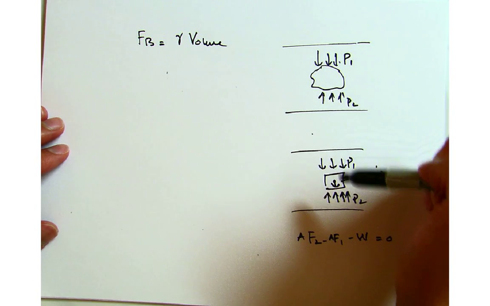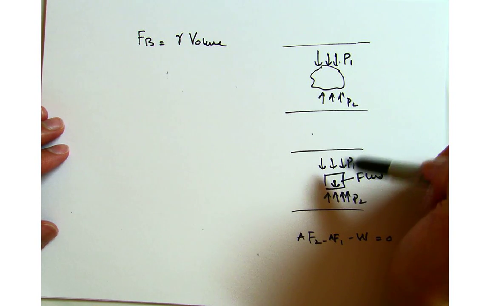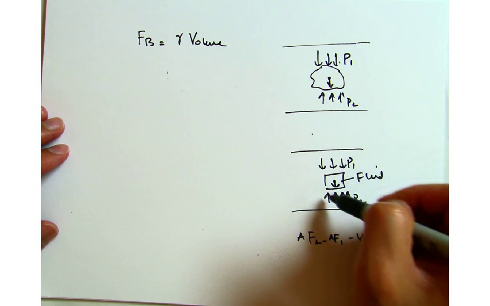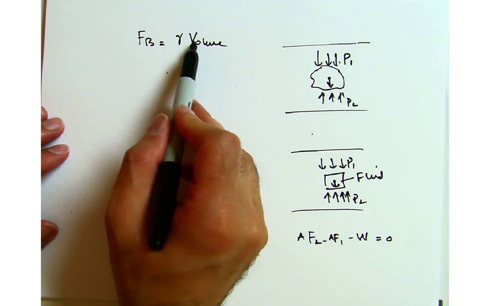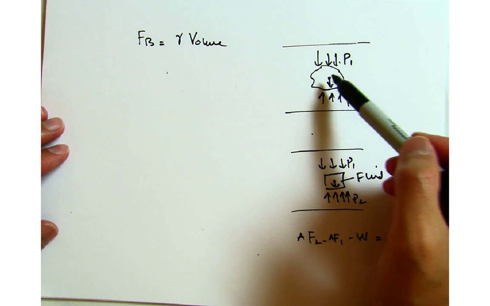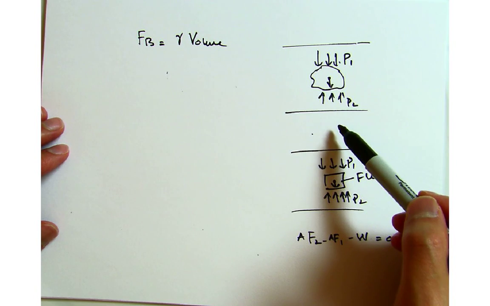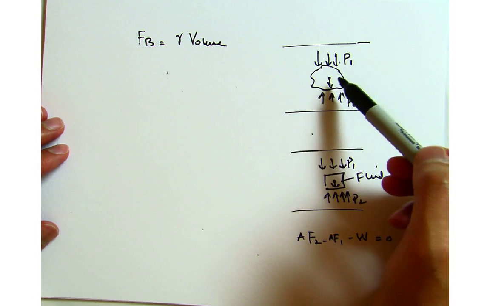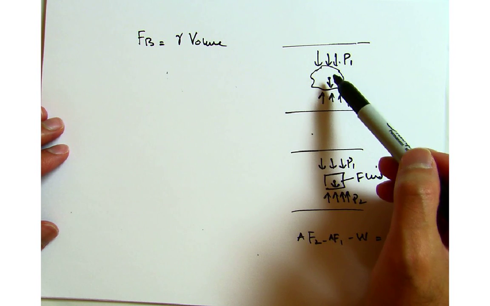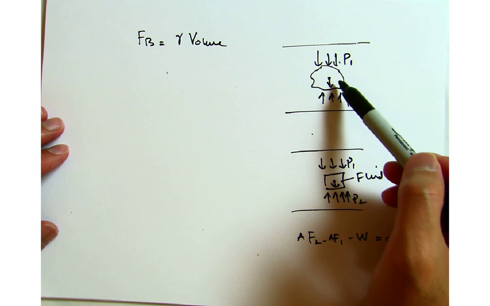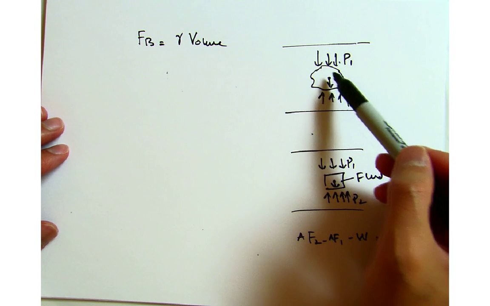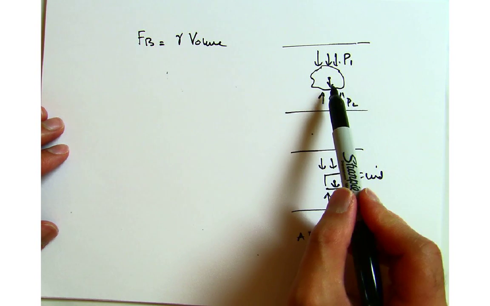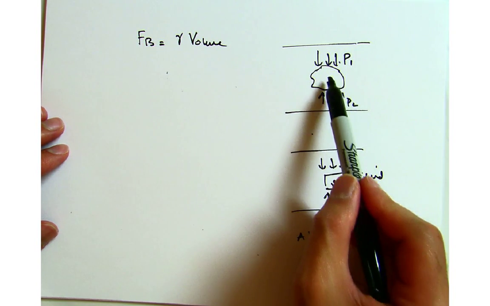But now if you replace this fluid with something heavier, then the fluid that will be displaced, if that object is heavier, it will sink. If that object is lighter, like a balloon filled with air, which is much lighter compared to the displaced volume of water, the balloon will be pushed upwards.